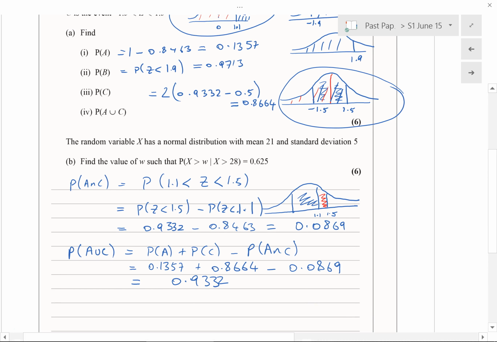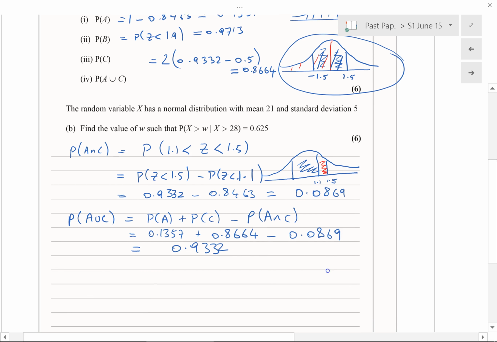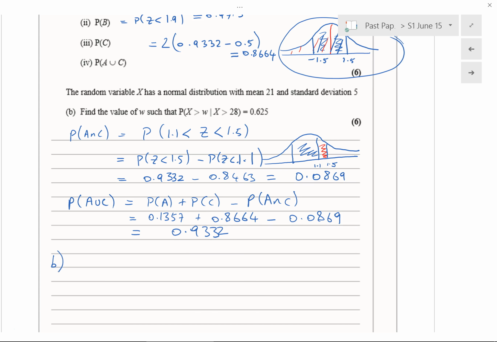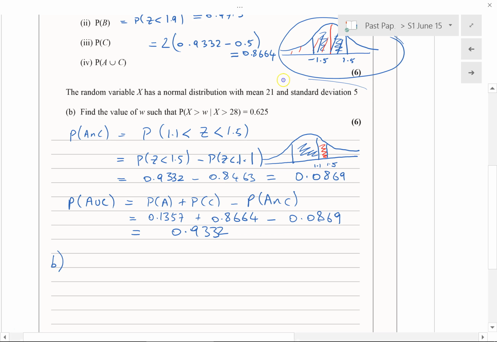I thought this felt a bit tricky, but I don't think it's as tricky as the next bit's going to be. Now we're on to a completely separate question. It's almost like a question 7, really. To be honest, it could have easily been a question 7, because although it's on the normal distribution and probability, we've now got a completely different normal distribution, and we're given some interesting information here, and we're trying to figure out what's going on.